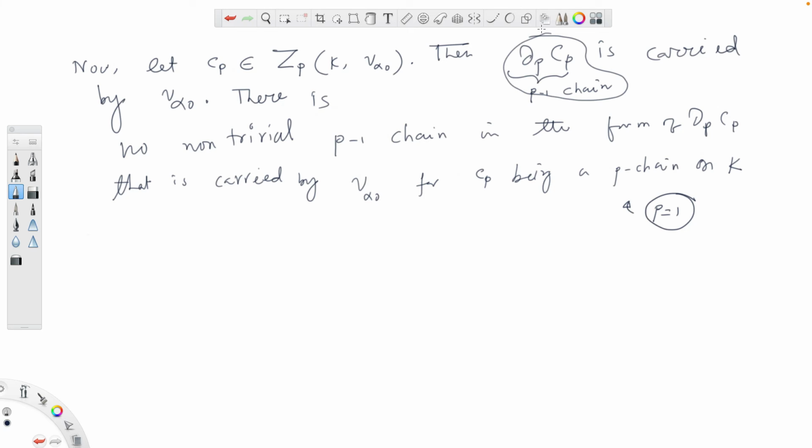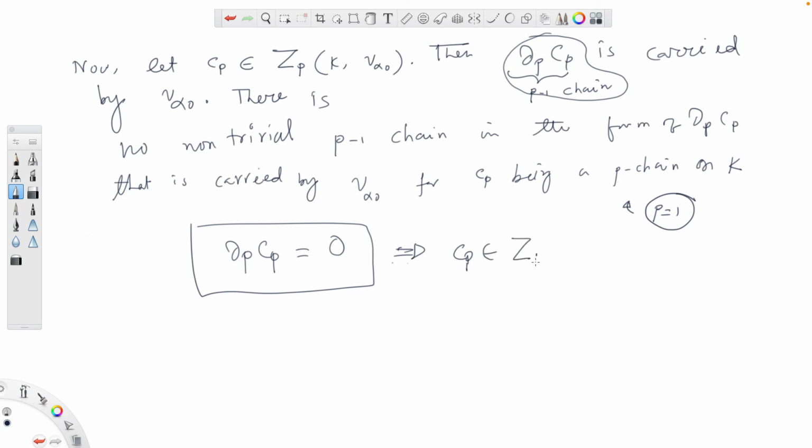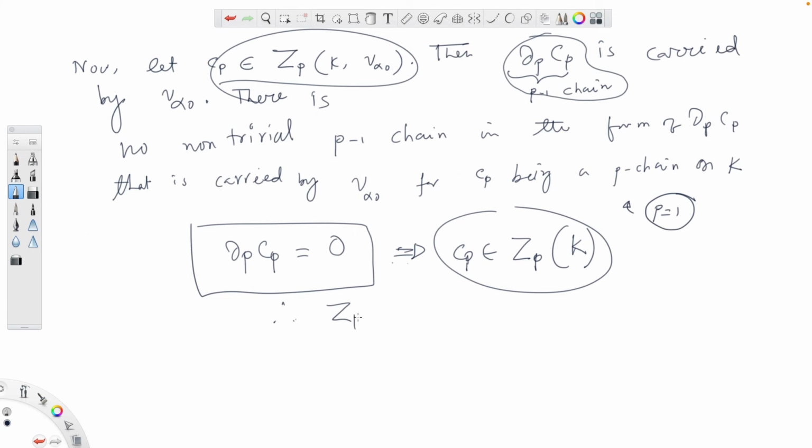Okay, so work out this thing, and from this, since there is no such non-trivial p minus 1 chain, one concludes that ∂p of c_p is trivial, is simply zero, and that implies that c_p is a p cycle on K.